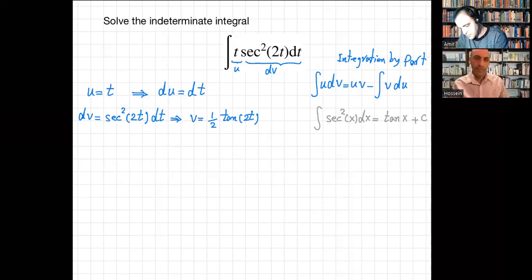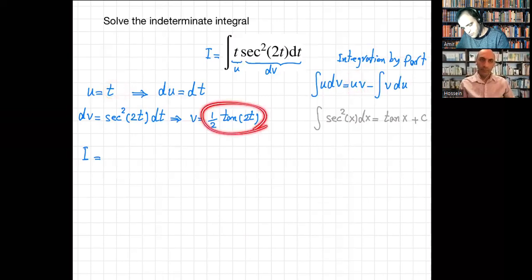So if I call this integral I, I is equal to u times v, which is u is here, t, and v is this one. So it's going to be 1/2 of t tangent of 2t.